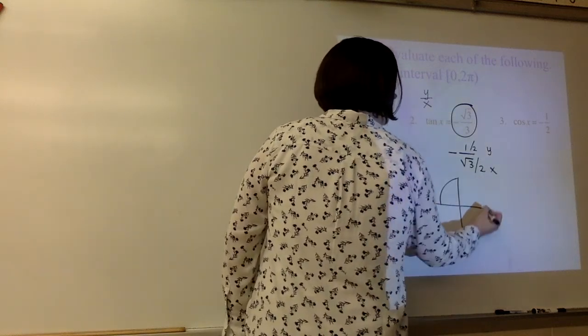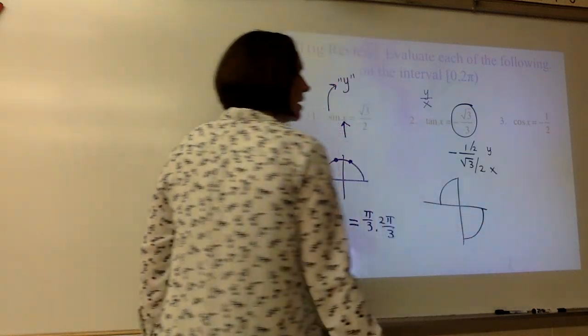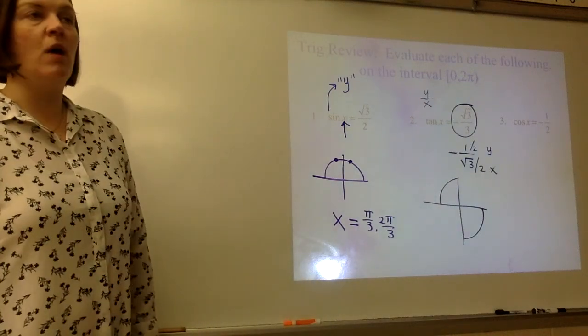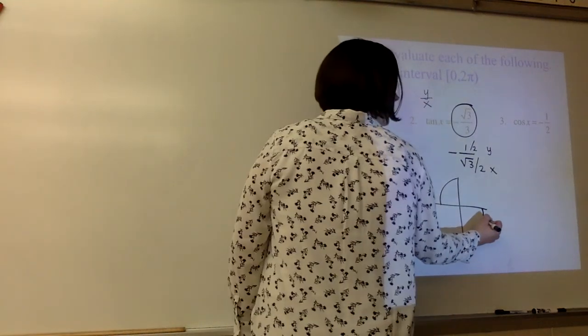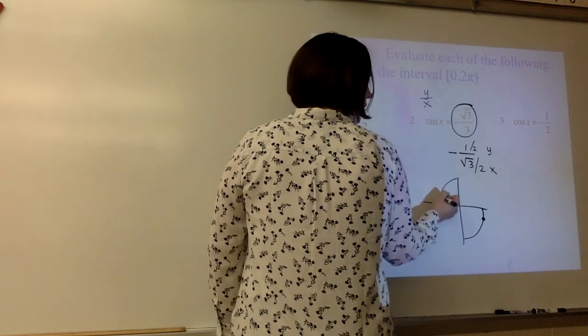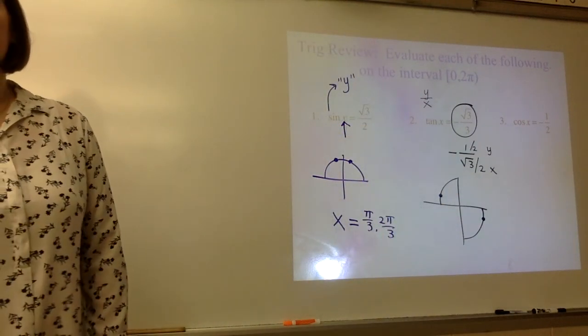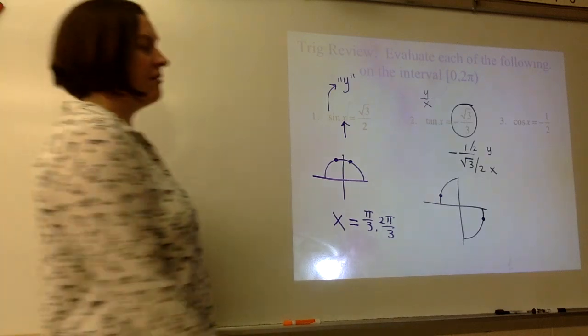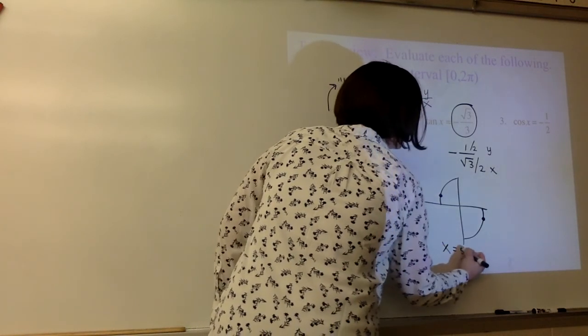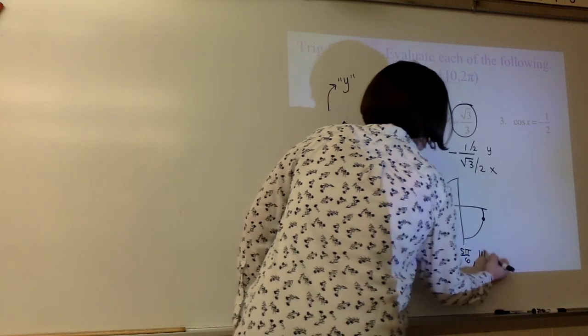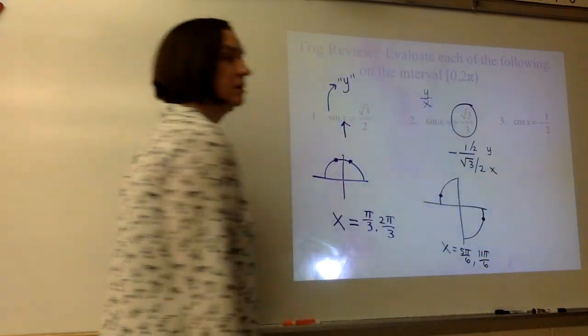Top left, bottom right. Okay. So I'm looking for the 2 locations that I have a y value of 1/2, which is a little bit of y, a whole lot of x, which are here and here. So what are those 2 places? 5 pi over 6 and 11 pi over 6.